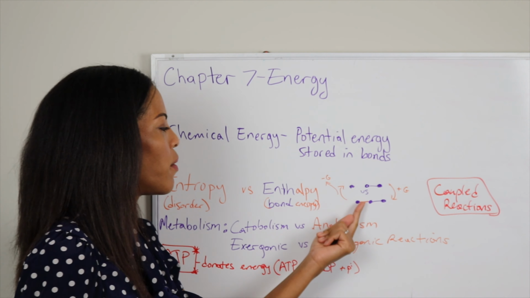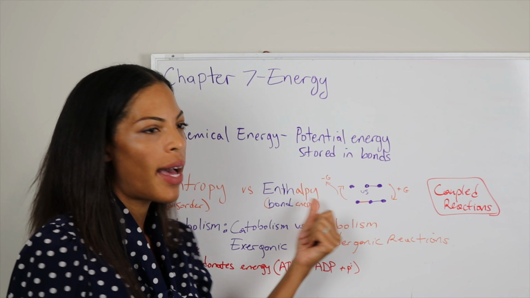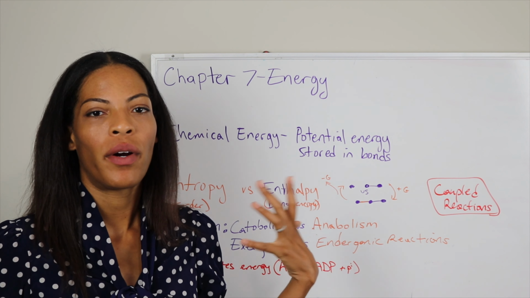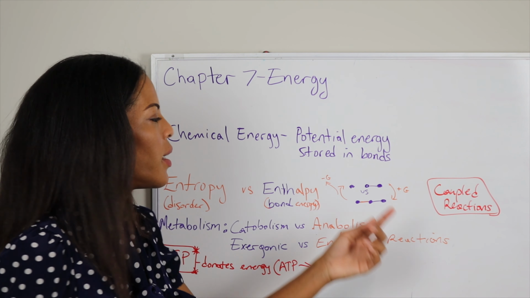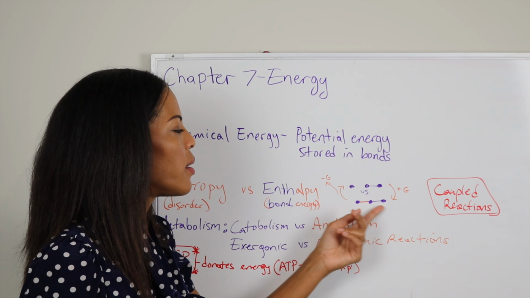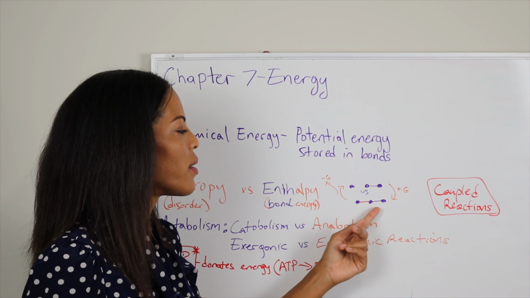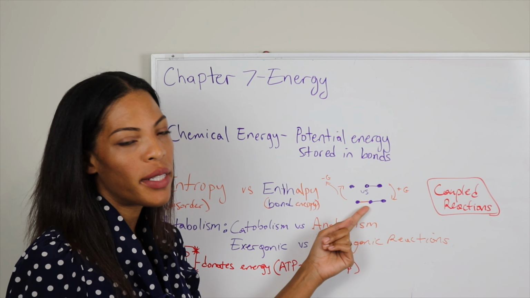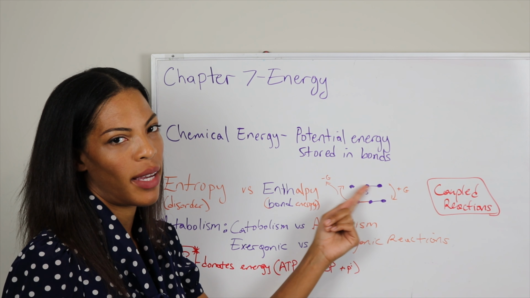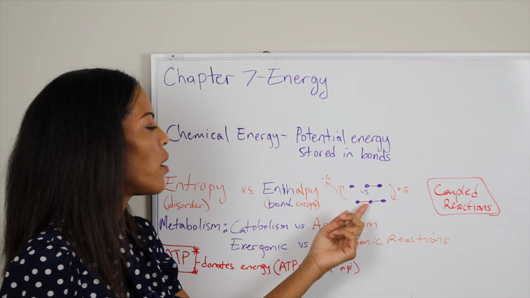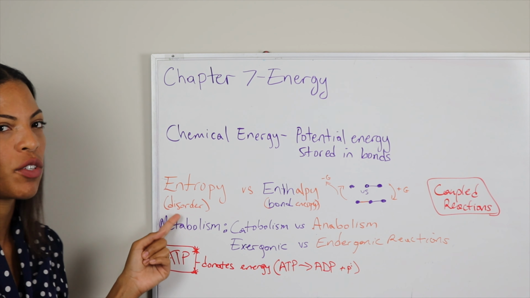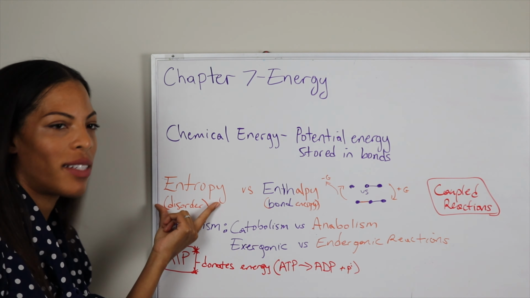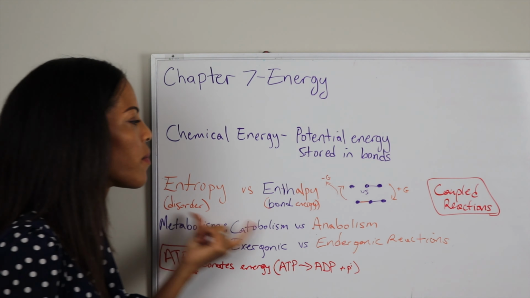So when you have more bonds, you have higher bond energy stored, potential bond energy, or higher enthalpy. However, when you compare this molecule to this one, this molecule is more organized or more orderly than this one, okay? So this molecule would have lower entropy. So it's more organized, therefore it is not disorderly, okay?